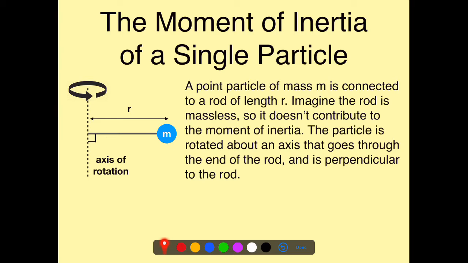And we're also going to imagine that the particle is being rotated about an axis that goes through the end of the rod. So this is the axis here, and the axis is also perpendicular to the rod itself. So we're rotating it as shown in the diagram here. Okay, so that's the situation. Now we're going to derive a formula for the moment of inertia of this object, and we'll see how this works out.